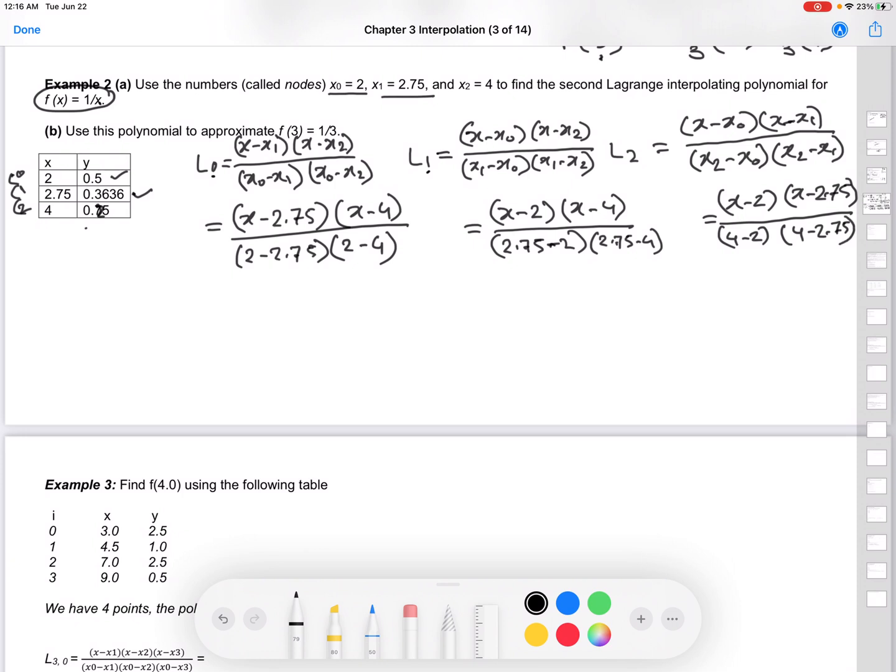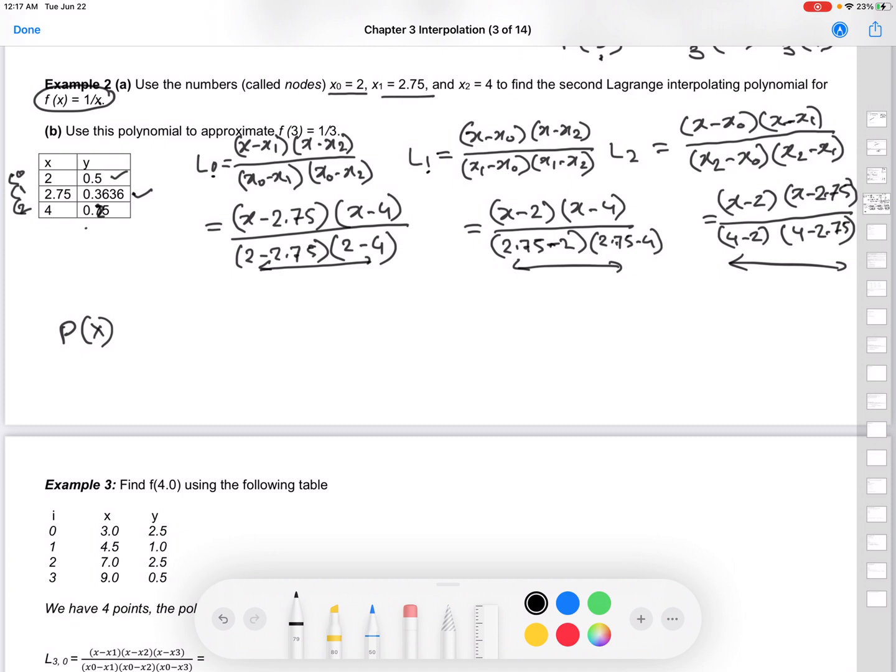These are the L0, L1, L2. So the top part is not going to be simplified. We can simplify the bottom part. Okay, so we will simplify these numbers here, but I'm not going to simplify the top one. So what is right now P of x?